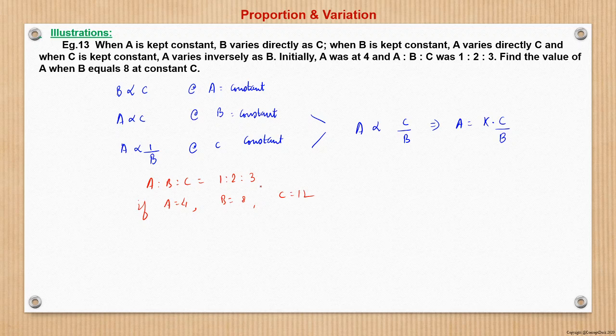From this ratio we can say, right? So find the value of a when b equals 8 at c constant. Now we know that a is equal to k into c by b is the guiding equation.